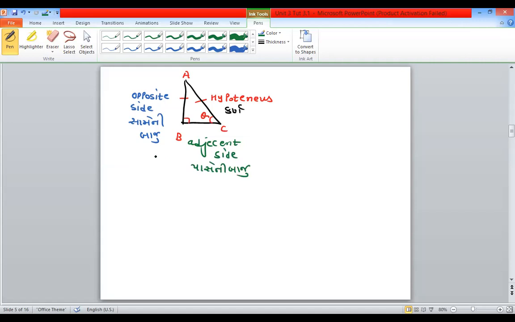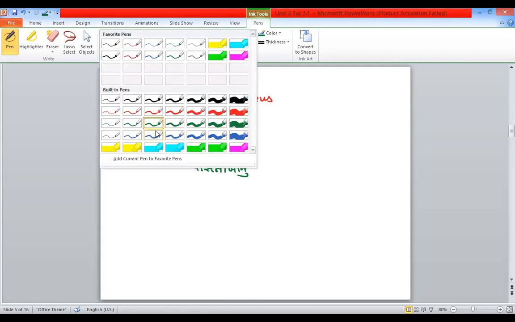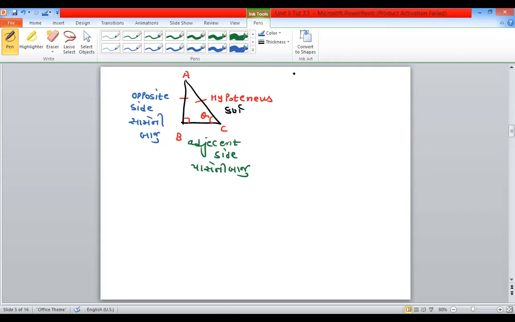So let me define the six trigonometric ratios which depend on theta. First of all we have theta. Sin theta is defined as: sin means s, which is the opposite side over the hypotenuse. You have studied all these formulas in 10th standard.